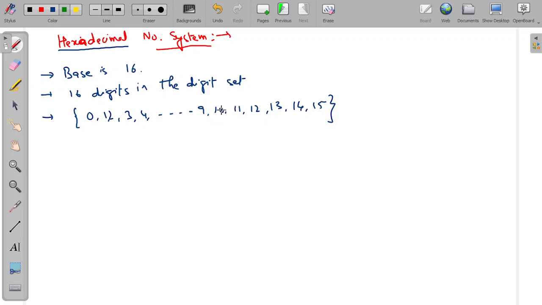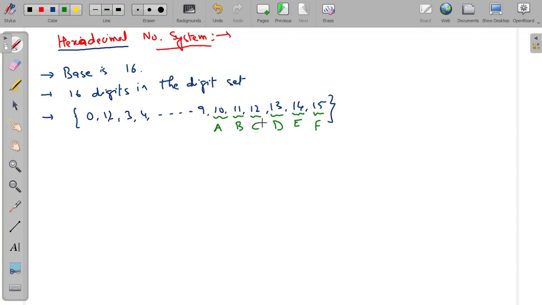But it will be confusing to use 10 11 12, as 12 also means 1 and 2. So whether it is 1 and 2 or 12, how to separate them? For this reason, 10 is represented by capital A, 11 is capital B, 12 is capital C, 13 is capital D, 14 is capital E, and 15 is capital F. So the digit set is 0 1 2 3 4 up to 9, and then A B C D E F in capitals.